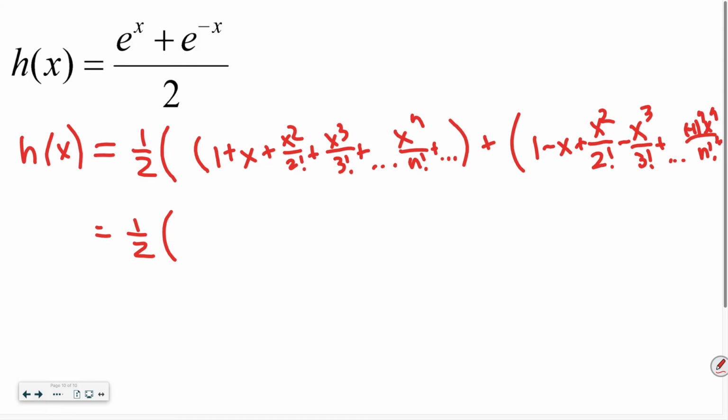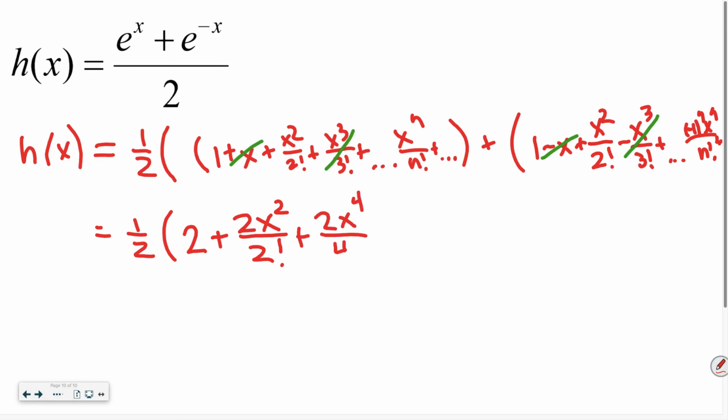What's going to happen when we add these together? What is 1 plus 1? That's 2. But then what happens with x plus negative x? They cancel out. How about x squared over 2 factorial plus x squared over 2 factorial? We get 2x squared over 2 factorial. The cubes are going to cancel, but we end up with 2x to the 4th over 4 factorial.